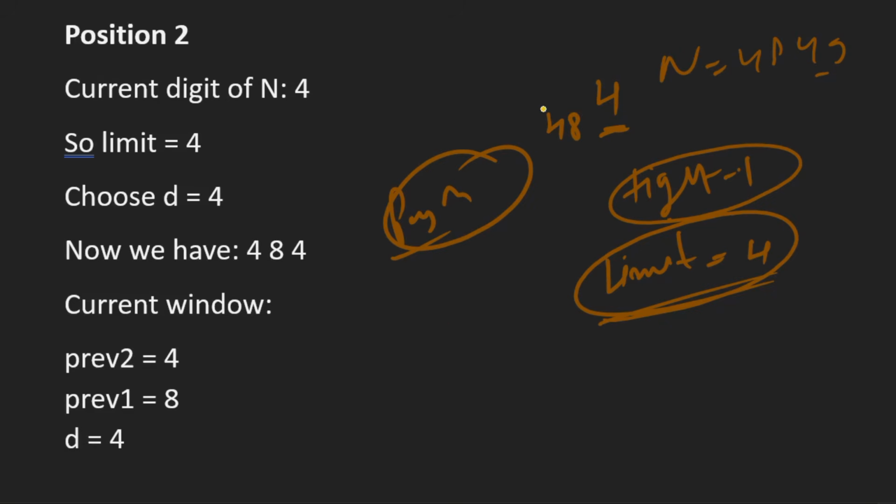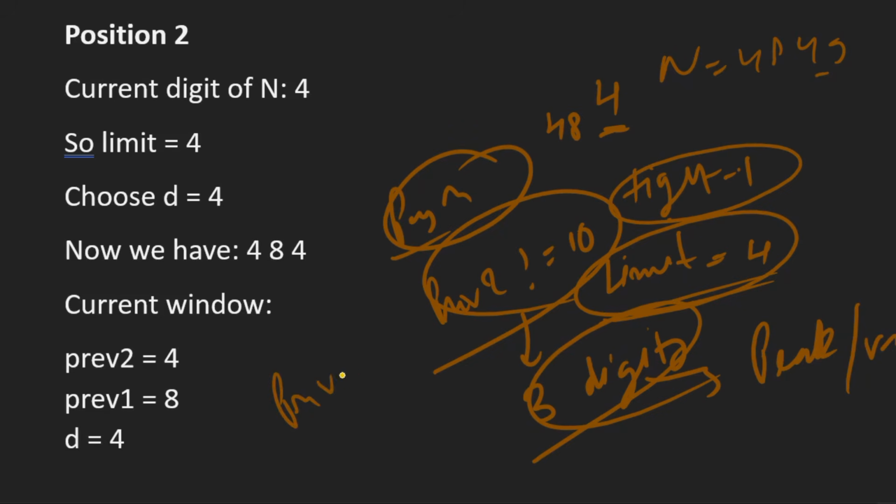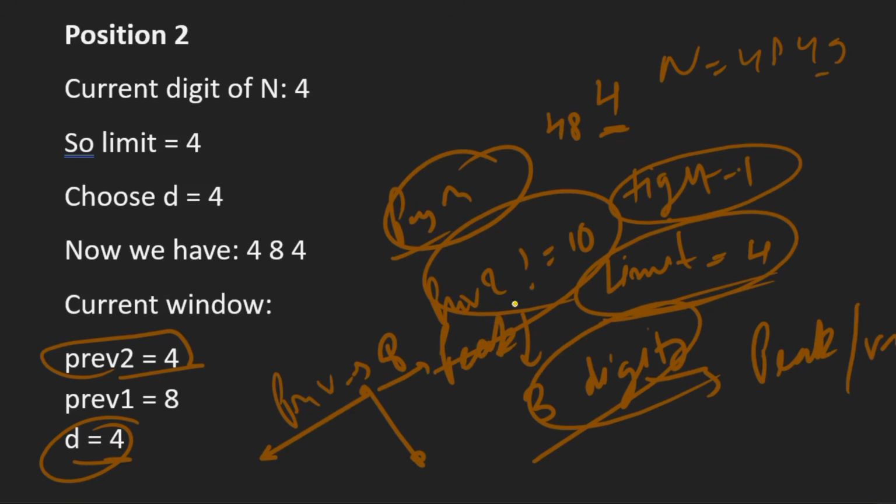And as we know, our previous two is not equal to 10. That means we now have 3 digits, so we need to determine whether we have a peak or valley at previous one. So what is our previous one? Previous one is equal to 8, previous two is equal to 4, our d is equal to 4. That means 4 8 4. So we can see we have a peak here.